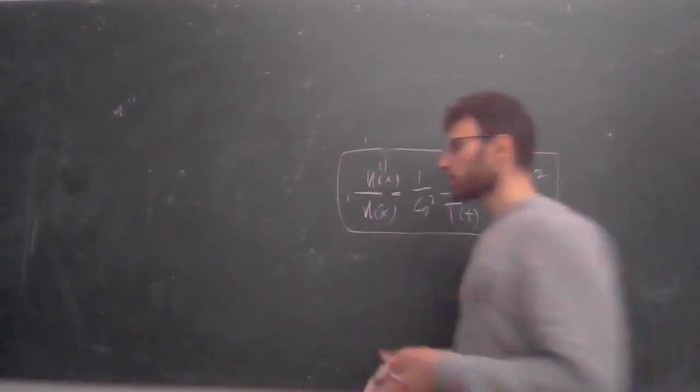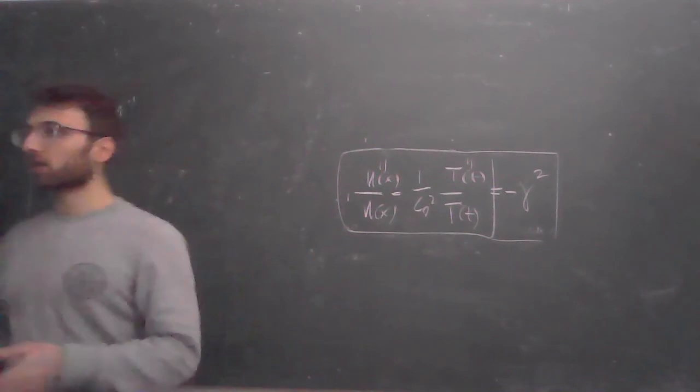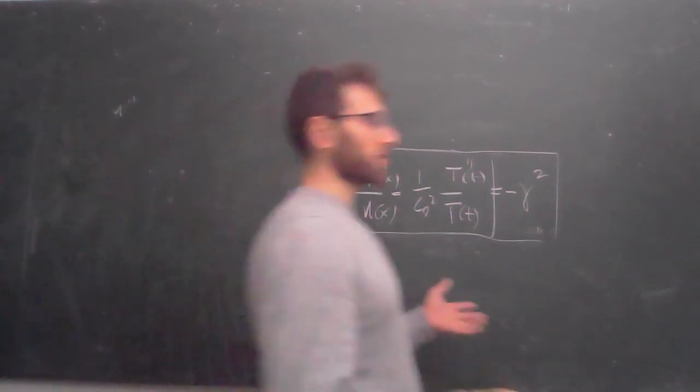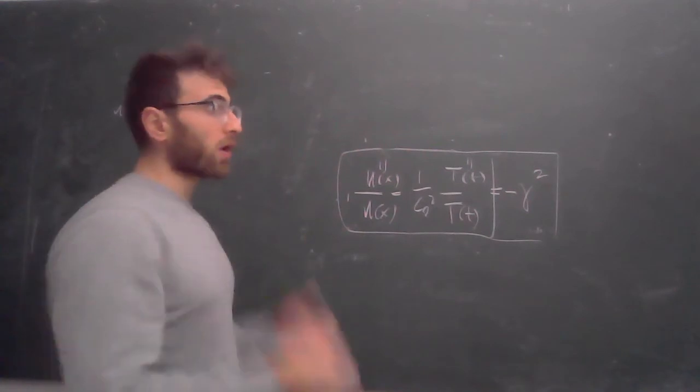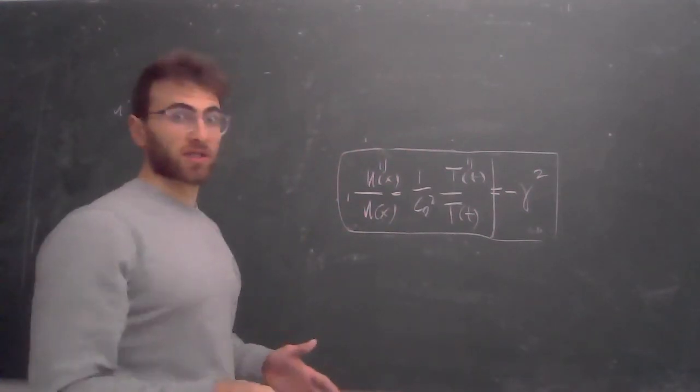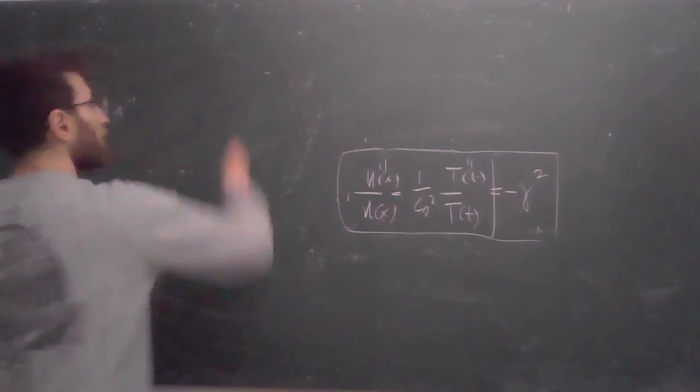The great thing about the method of separation of variables is that we had a second order partial differential equation, and now we will have two second order ordinary differential equations.